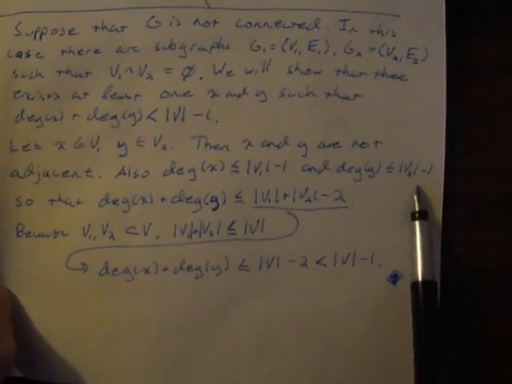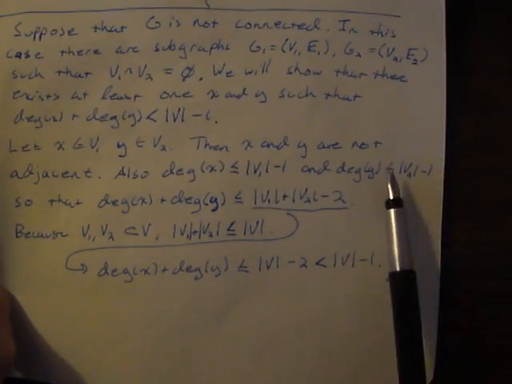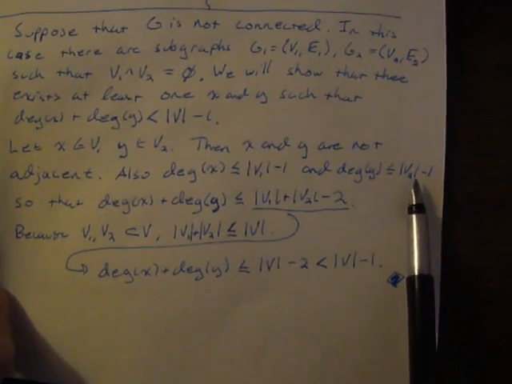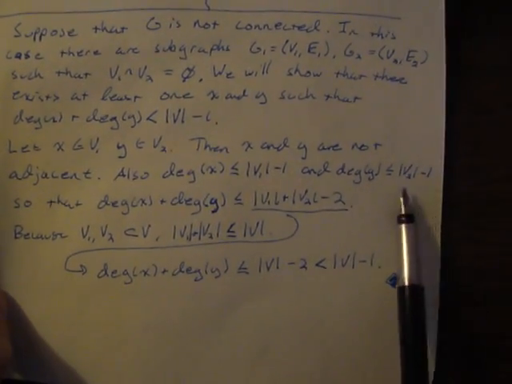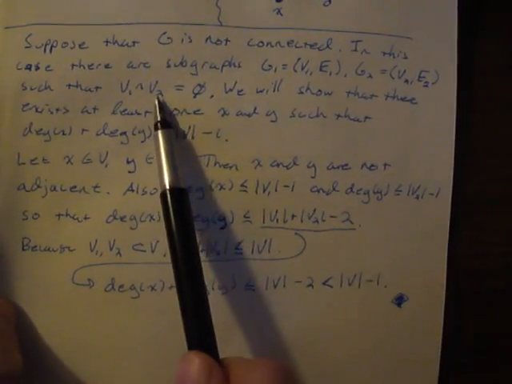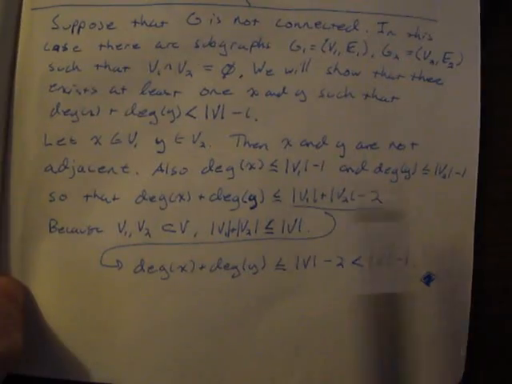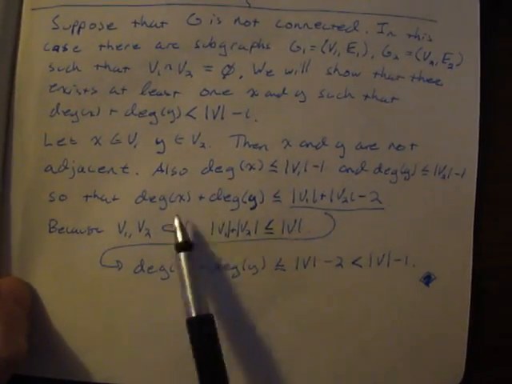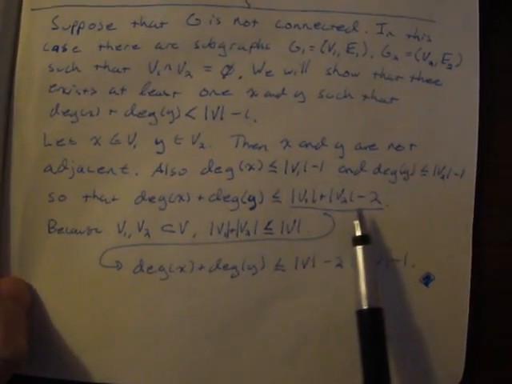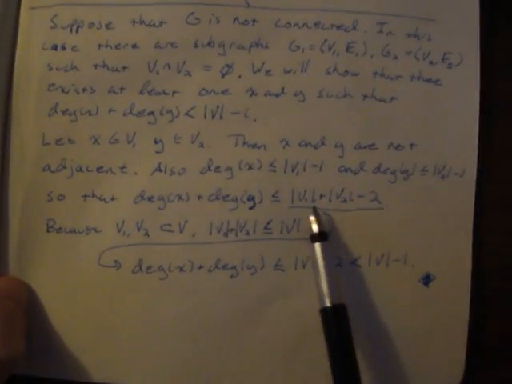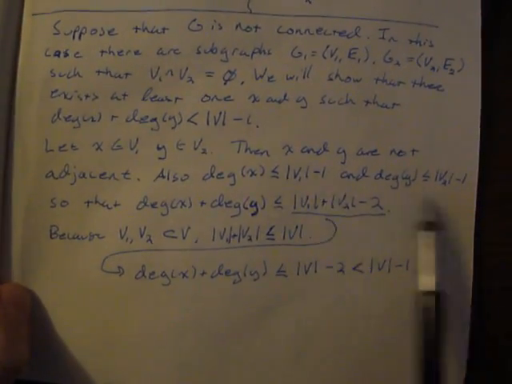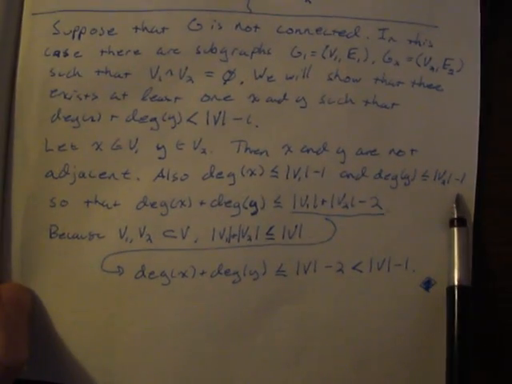It has to be at most the cardinality of V2 minus 1, which is the total number of vertices in the second vertex set minus 1. Now we're just going to do some arithmetic: the degree of x plus the degree of y must be less than or equal to the cardinality of V1 plus the cardinality of V2 minus 2. So what we've done is just add up V1 minus 1 and V2 minus 1.